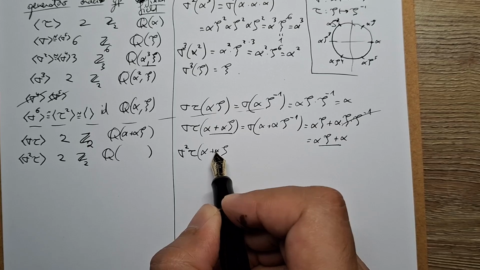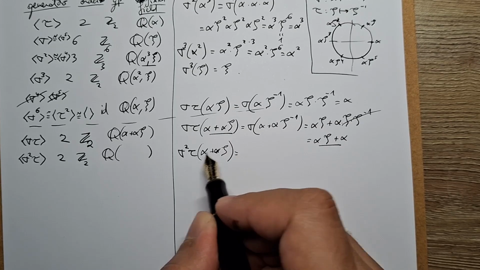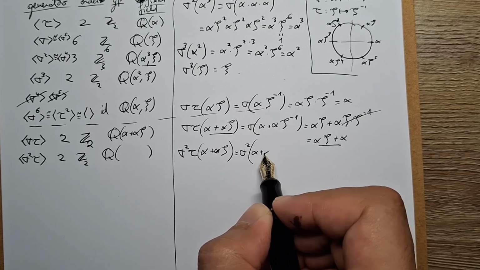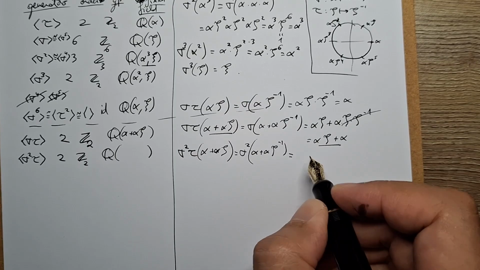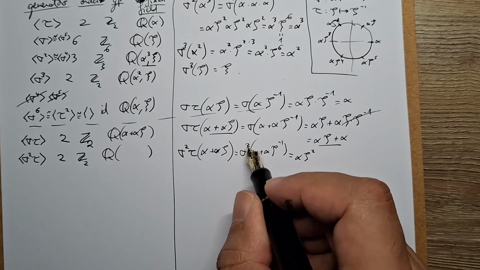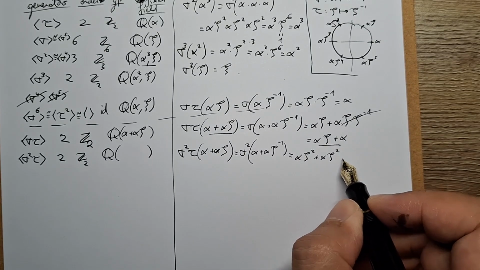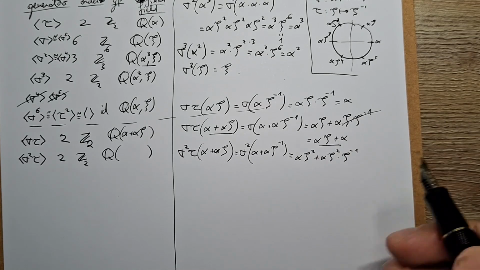Alpha plus alpha multiplied by theta. We apply tau, and then we need to find sigma squared of alpha plus alpha theta to the -1. And then this is alpha multiplied by theta to the power of 2, because we are applying sigma twice, plus alpha theta to the power of 2 multiplied by theta to the -1 that we had here because we applied tau.